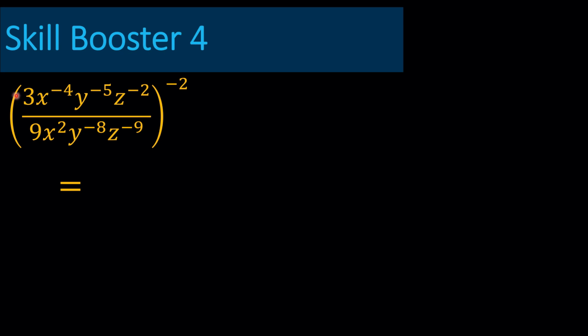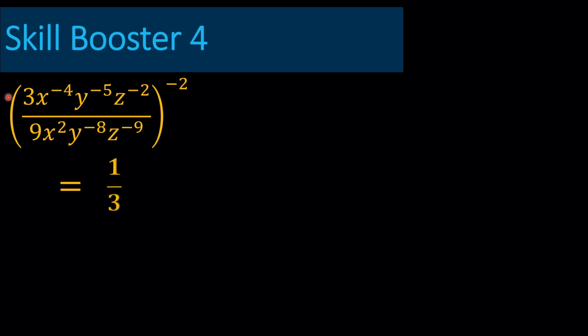Before we apply the power, so that we are not making the problem more complicated. We simplify first what is inside the parentheses, and then you raise it to the power of negative 2. So 3 over 9 can be simplified into 1/3. Both are divisible by 3.